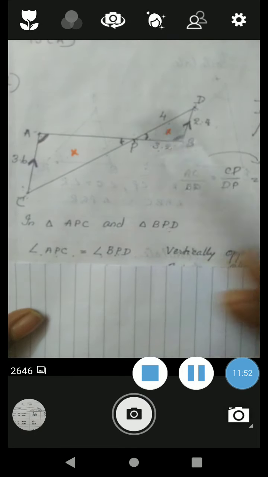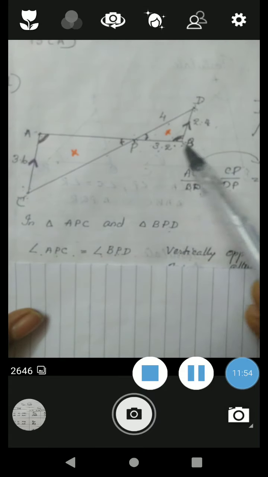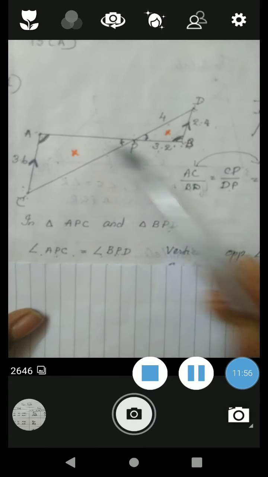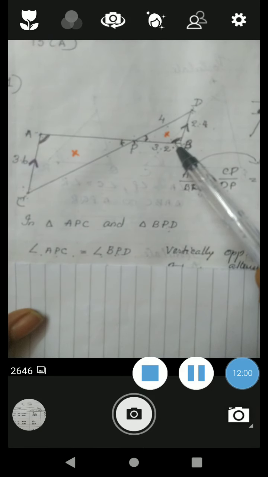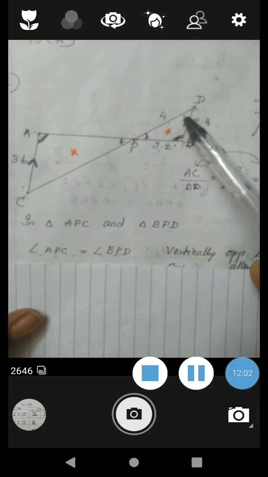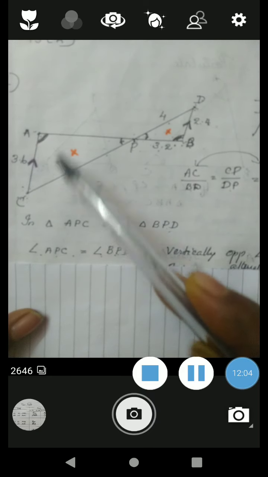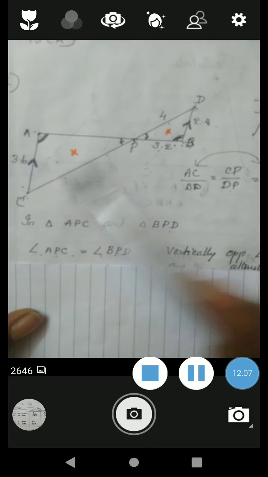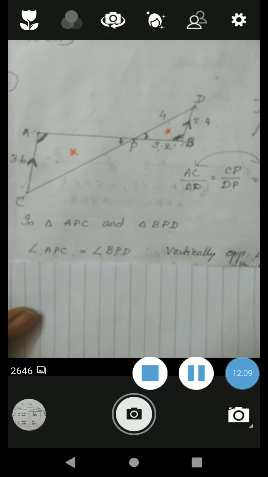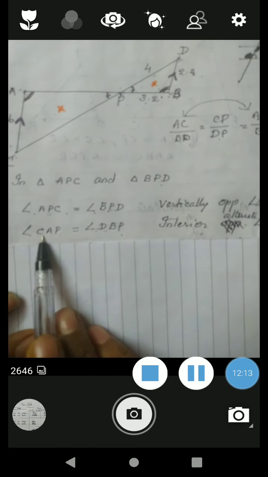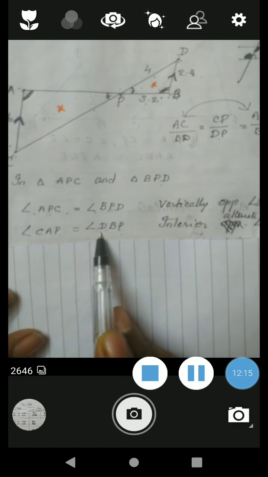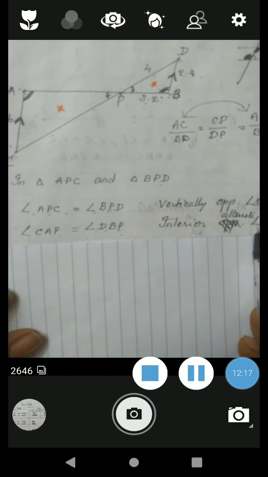When two parallel lines are cut by a transversal, interior alternate angles are equal. Similarly, these two are also interior alternate angles, they are also equal. Either you can write this or this, any one is enough. So, angle CAP equals angle DBP, interior alternate angles.